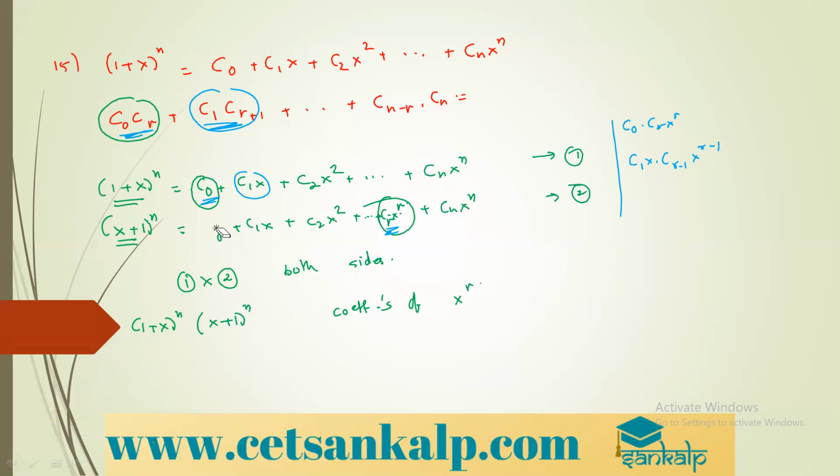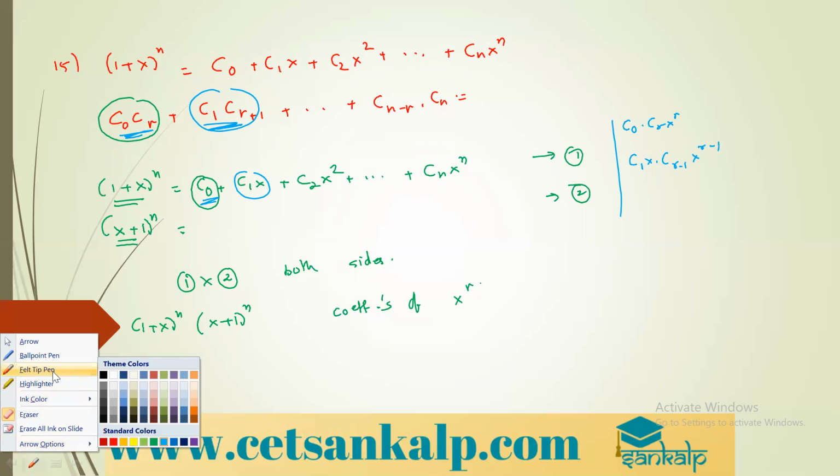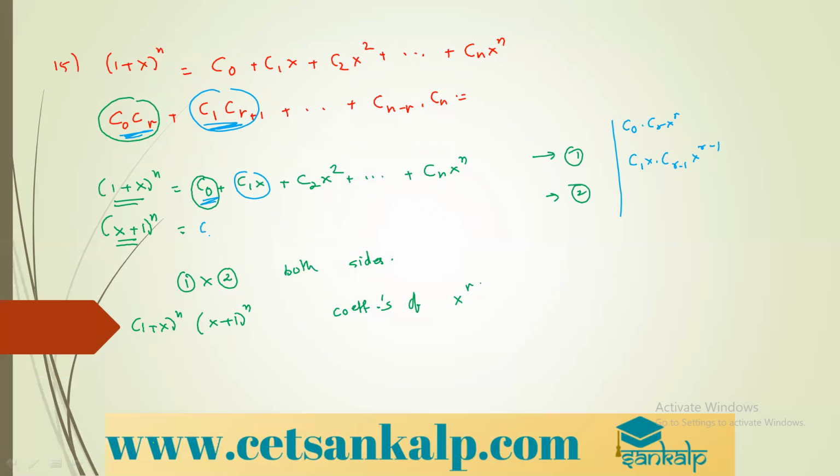So what we have to do is change this expansion as per the formula. What I will have is C0 x power n, C1 x power n minus 1, C2 x power n minus 2, and so on, Cr x power n minus r, then finally Cn x power n minus n, which is x power 0.